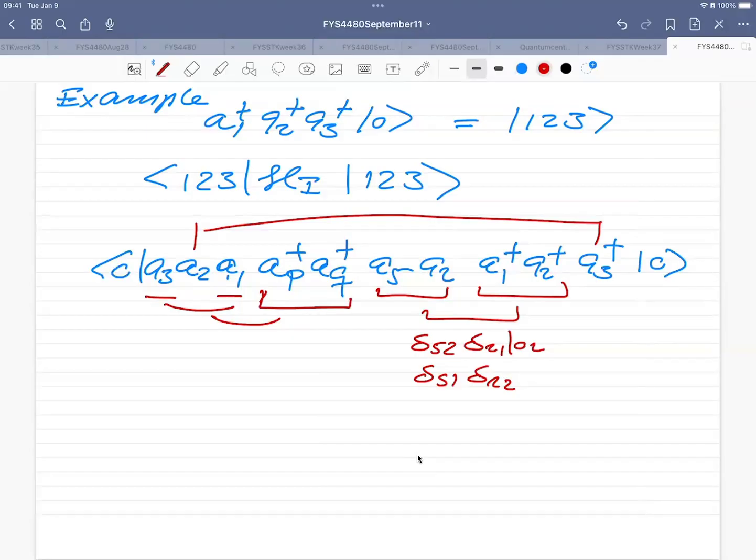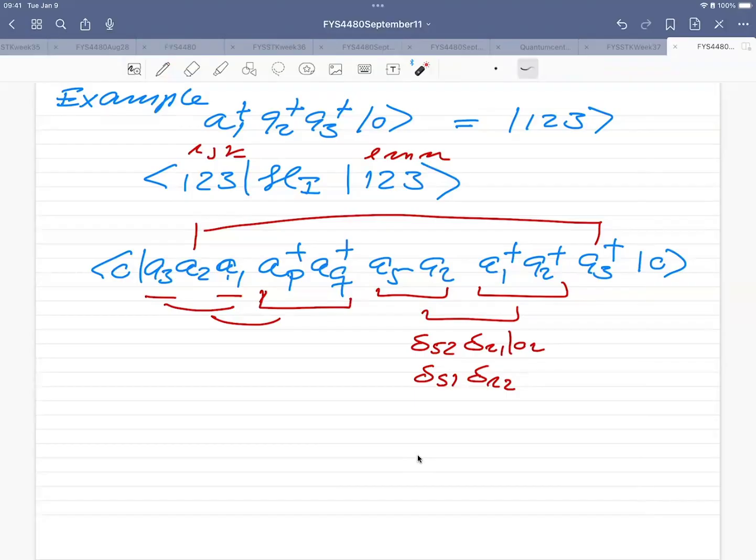So if I were to change these to, let's say, generic states, i, j, k, and then l, m, n, you see that there are more possibilities. When I act with the operator on two of the states, the one which is not operated upon has to match the other one due to the orthogonality of the single particle states which we have defined.